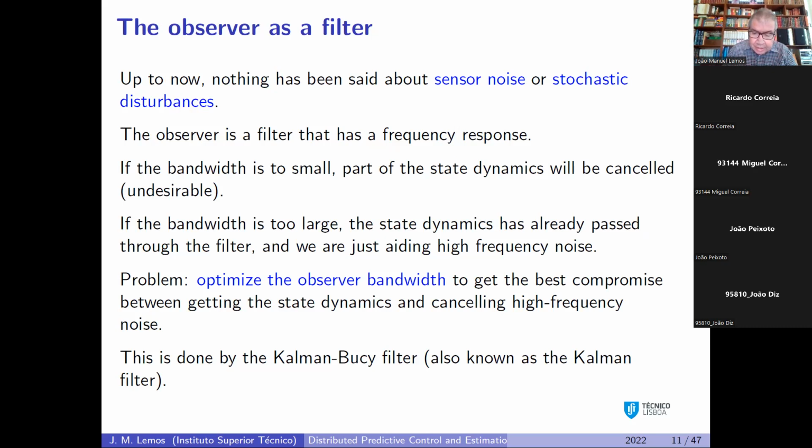A filter is something you think of this way: you can represent your signals as a time function, but you can also represent your signals in the frequency domain. So you have these two domains, time and frequency domain. And so your signal has frequency content.